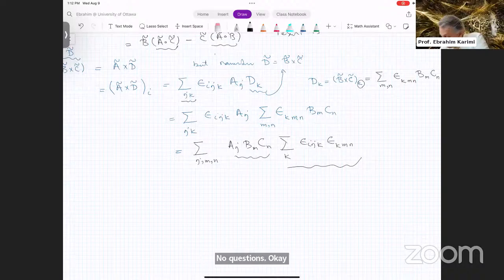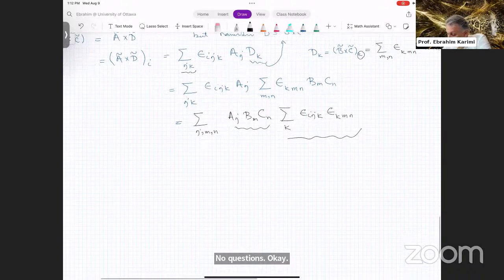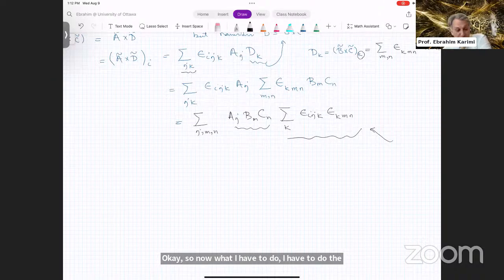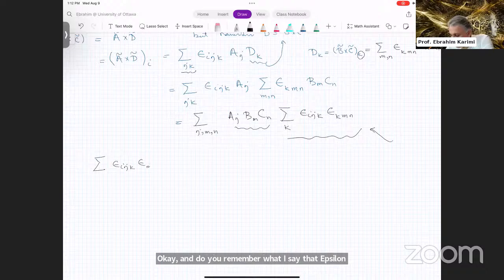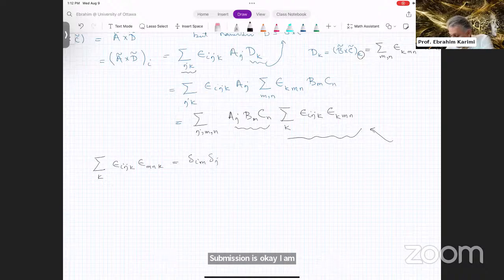Okay. So now what I have to do is calculate epsilon I, J, K, epsilon K, M, N. Do you remember what I said, that epsilon I, J, K, epsilon M, N, K is equal to delta of I, M, delta of J, N minus delta of I, N, delta of J, M?